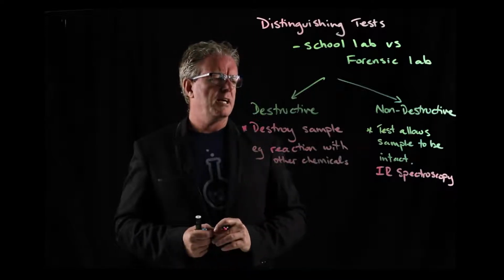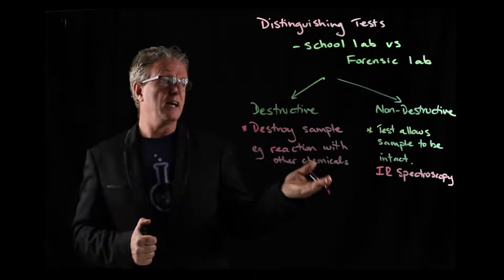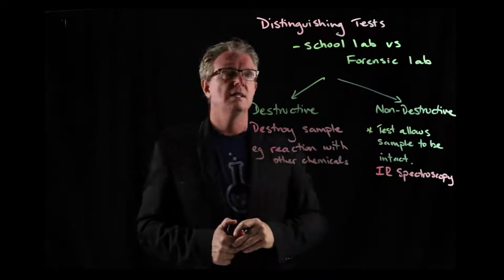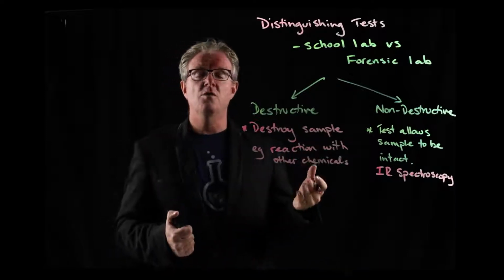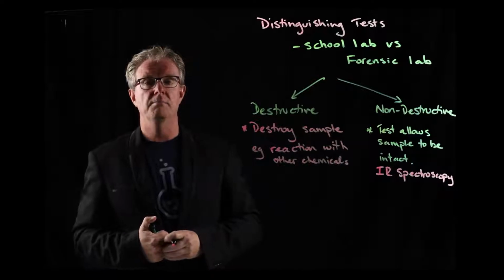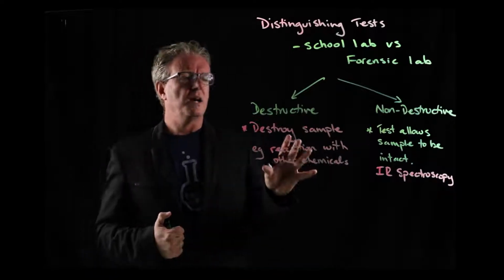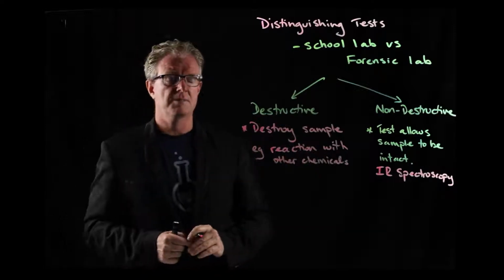We could also say a lot of separation techniques can also be non-destructive as well, but the separation techniques that we use usually involve a lot of solvents which can destroy the original material you're working with. So generally at a school-based method we employ a lot of destructive techniques.